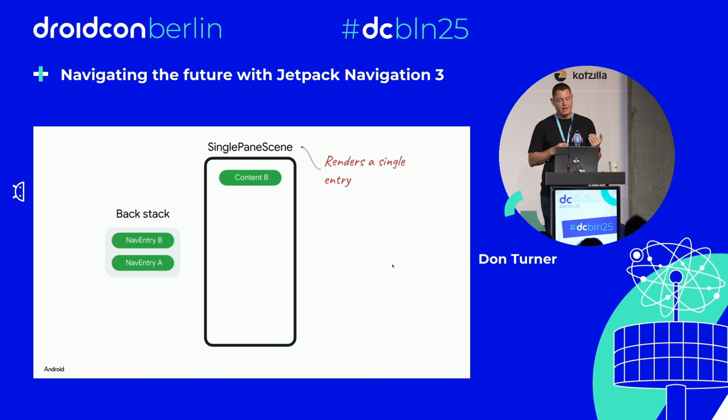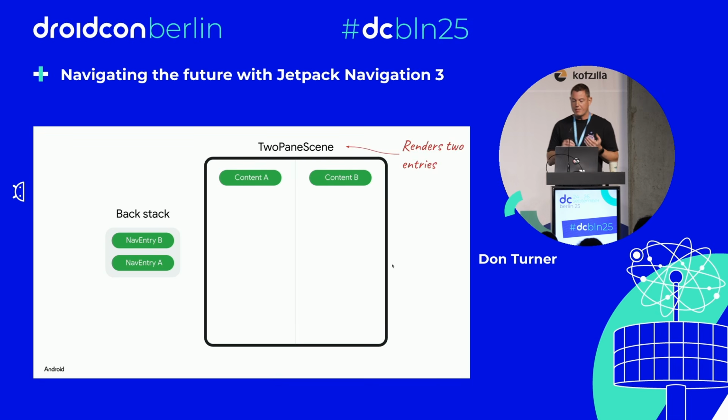Under the hood of NavDisplay, a scene controls how entries are displayed. Its default behavior is to just render the last entry in the backstack in a single pane scene. But scenes can contain more than one entry. Imagine your app is running on a larger screen device and/or foldable, and when it's unfolded, you want to render two nav entries side by side.